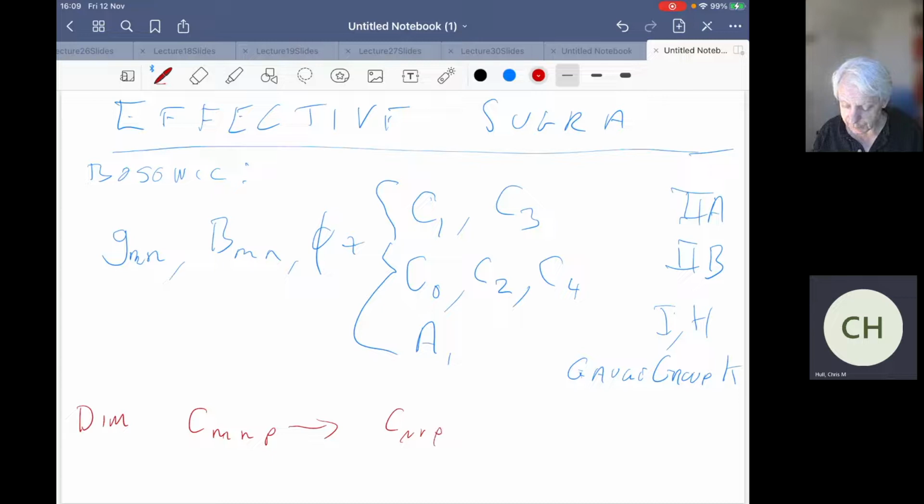So compactify on an N torus, there'll be some second-rank antisymmetric tensors.